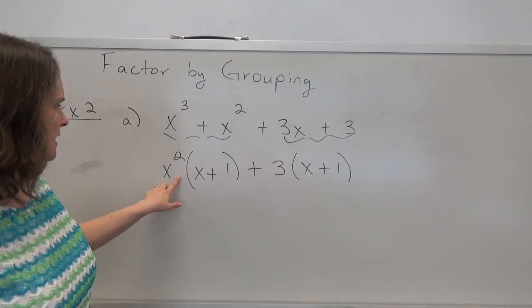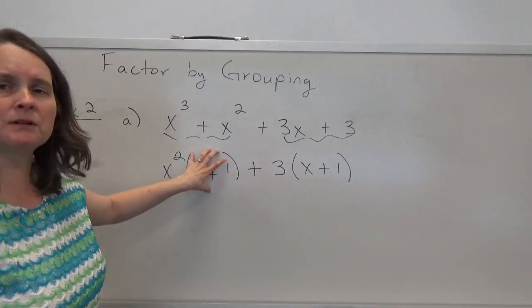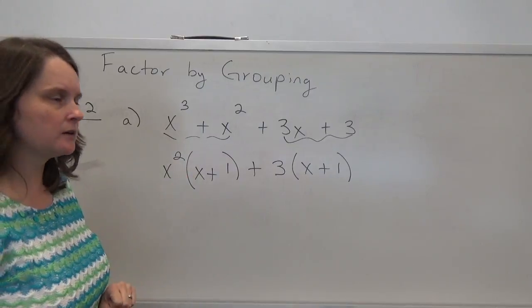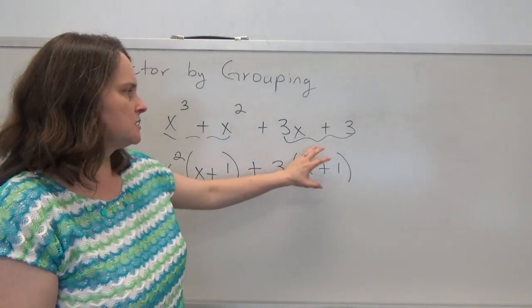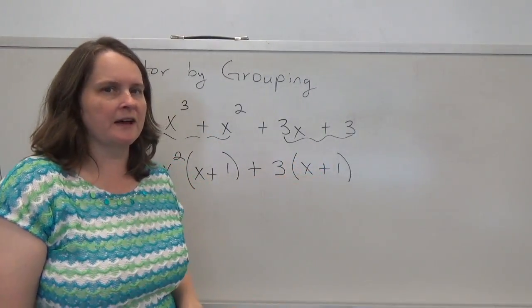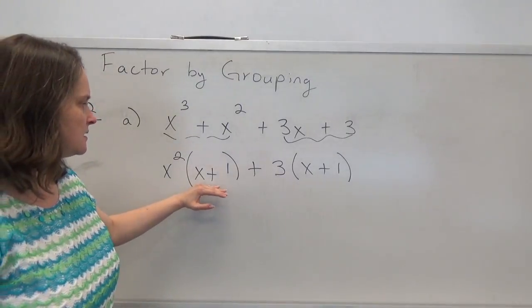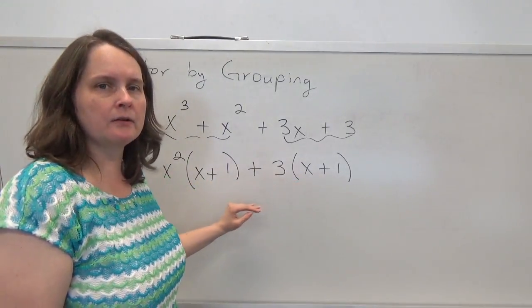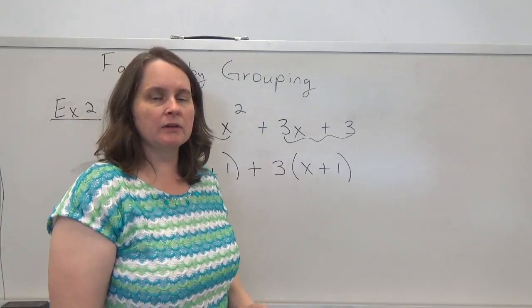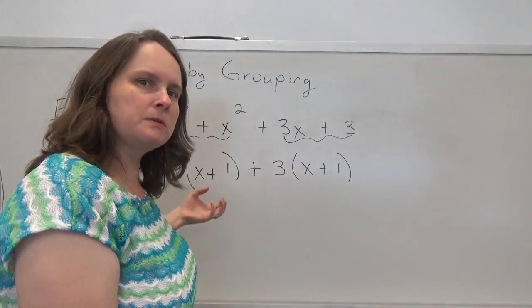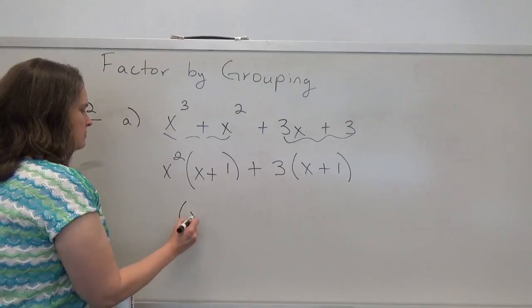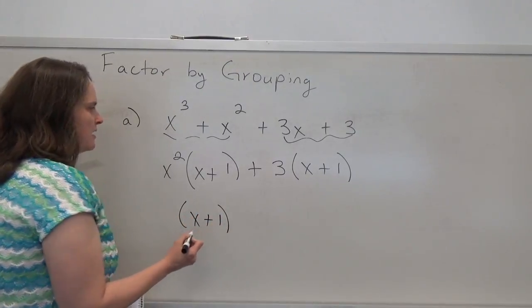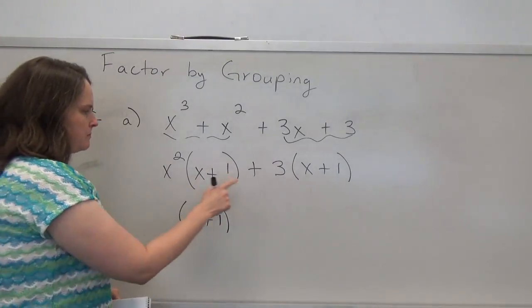So over here you're doing x squared times this entire x plus 1. So x plus 1 is a factor. Over here you're doing 3 times this whole x plus 1. So x plus 1 is a factor there. So you'll see that these two terms share a common factor of x plus 1. So just like with any common factor, we can factor that x plus 1 out. Factoring out x plus 1 leaves me with x squared plus 3.